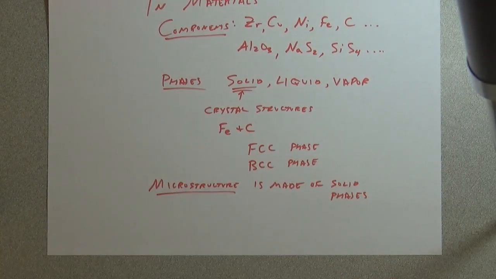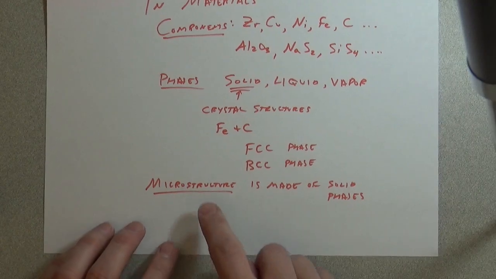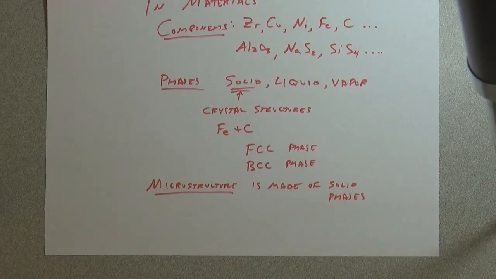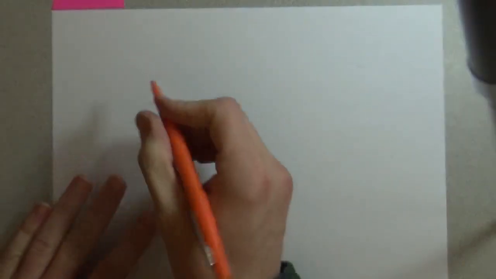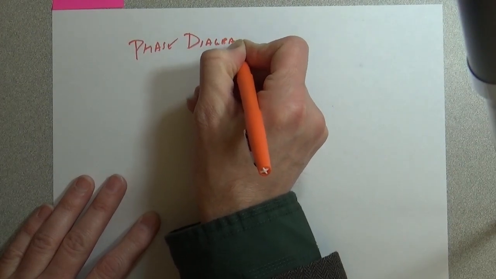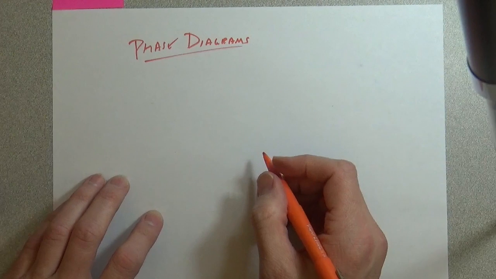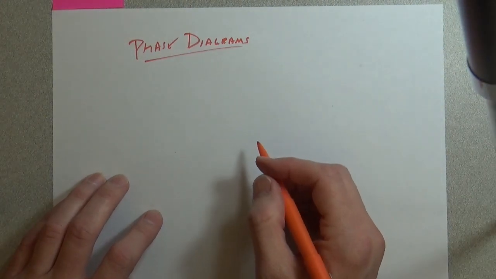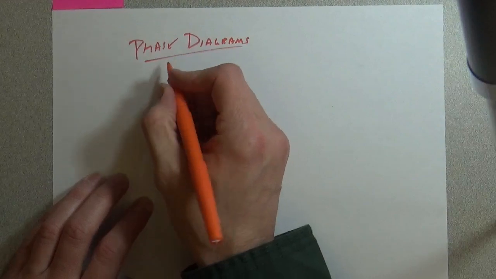So we can classify microstructures also by their given names and their given characteristic structures. But there's a distinct difference between a microstructure and a phase. So talking about phase diagrams, they denote systems that are in phase equilibrium, or a thermodynamic equilibrium.